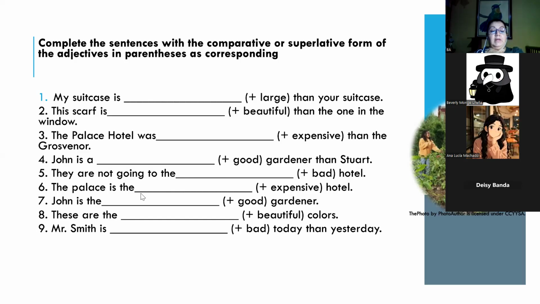Number 6, the palace is the most expensive hotel. Most, sí, porque aquí igualmente no hay dos, entonces está comparándolo con todos los demás, ¿ok? So the palace is the most expensive hotel.